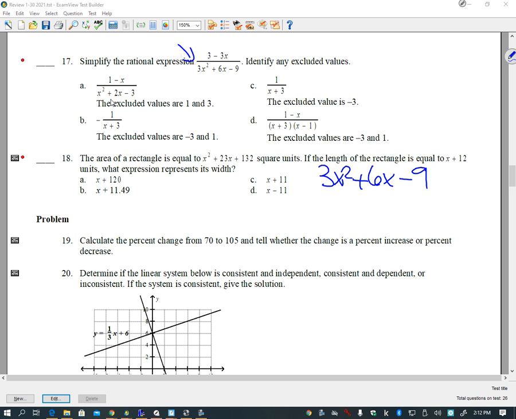Wouldn't that make it simpler if I divided them by 3? What do I get whenever I divide all of those by 3? And how could I use this, which is a lot simpler than what we started with, to solve for instances where a value input for x could cause the denominator to equal 0?